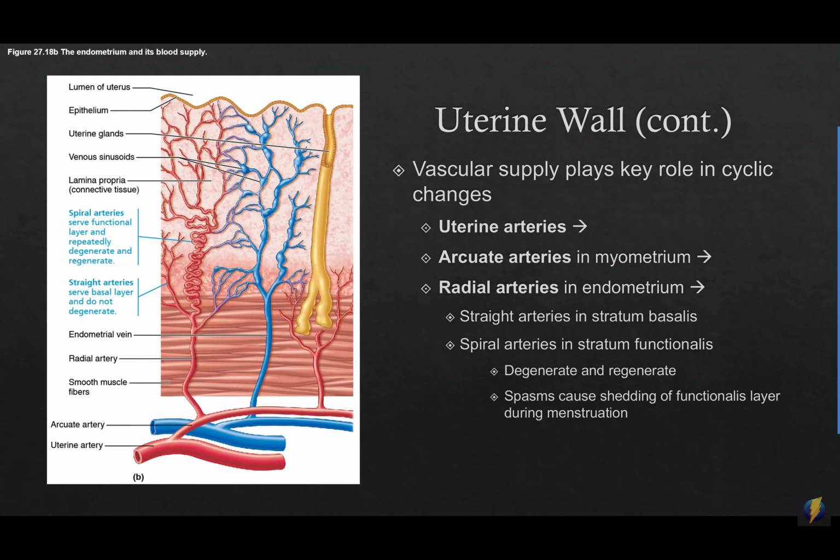And the spasms there of that degeneration and regeneration is what causes the functional layer to essentially detach from the basal layer and to be shed as menses during menstruation.